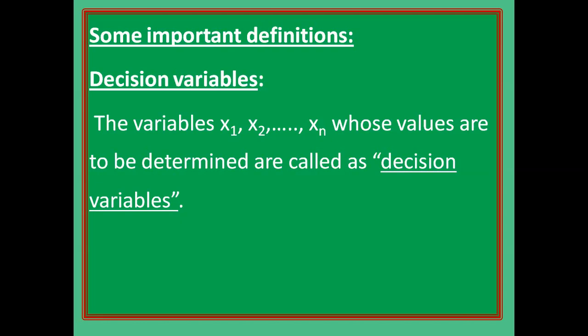At the end, after solving graphical representation, we will come across so many type A pens to be produced and so many type B pens to be produced in order to get optimized profit. So here it is being mentioned that the variables x1, x2, so on up to xn whose values are to be determined are called decision variables.